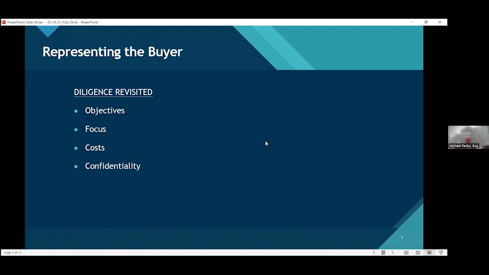So just coming back again to revisit diligence one more time, because it's informed by the nature, the subject matter of the transaction, which is the assets. Where does the value lie?